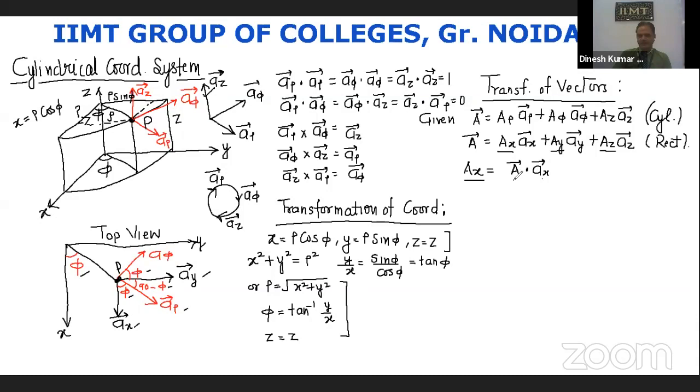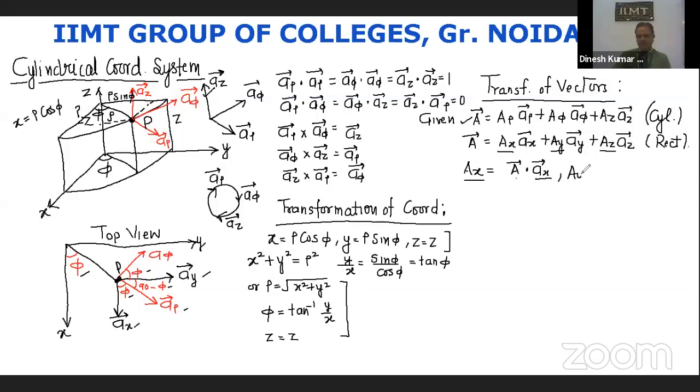Which vector do we have to convert? We have to convert this vector which is in the cylindrical coordinate system. The desired component is Ax. The desired direction is given by the unit vector ax. So Ax is equal to the dot multiplication of vector A and unit vector ax.